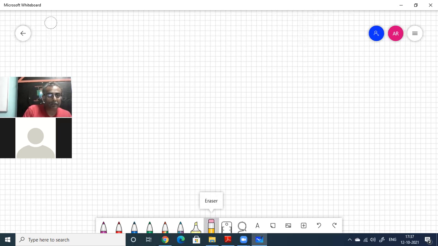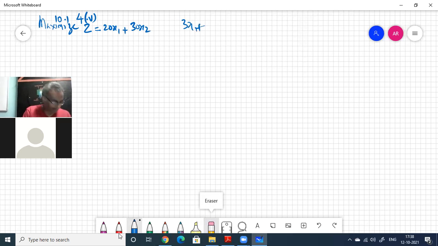Maximize this time. Fifth sum. Maximize z is equal to 20x1 plus 30x2. What are the constraints given? The first constraint is 3x1 plus 3x2 is equal to 36.